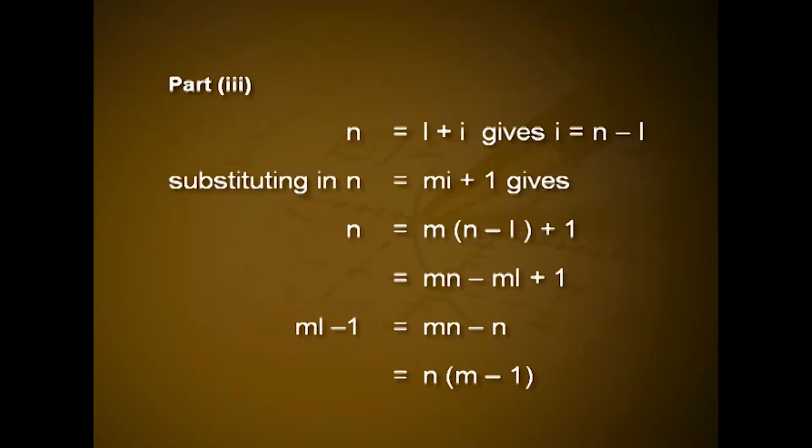Now part 3. n equal to l plus i gives i equal to n minus l. Substituting in n equal to mi plus 1 gives n equal to m into n minus l plus 1, which is equal to mn minus ml plus 1. This gives ml minus 1 is equal to mn minus n, and that is equal to n into m minus 1.